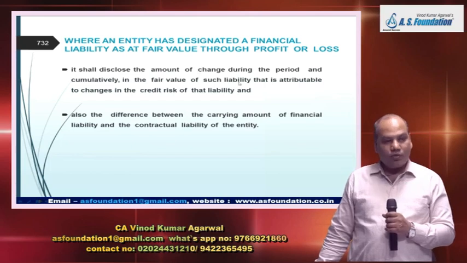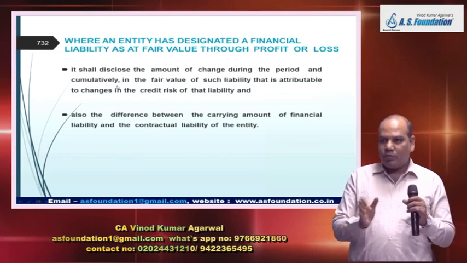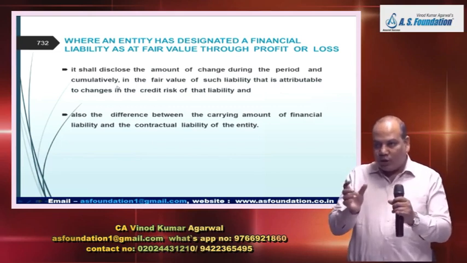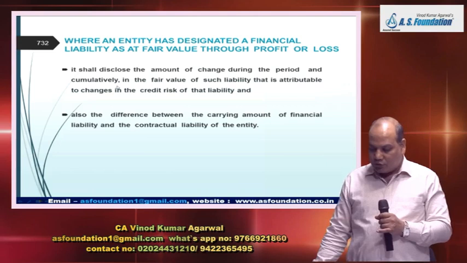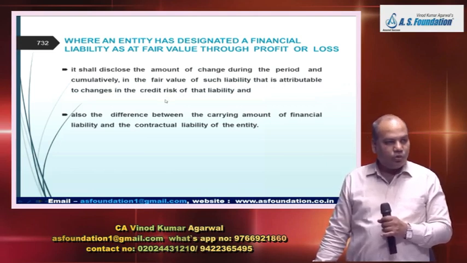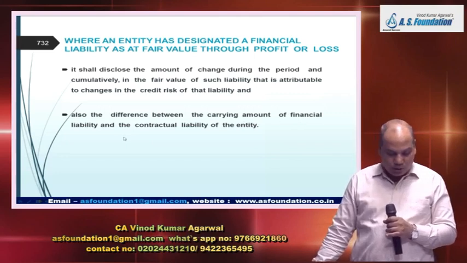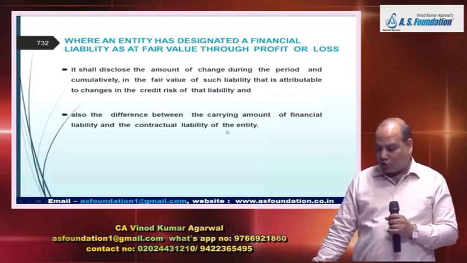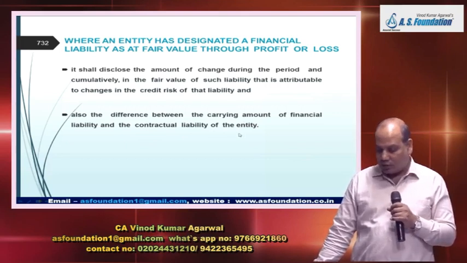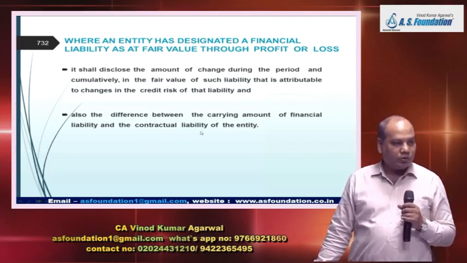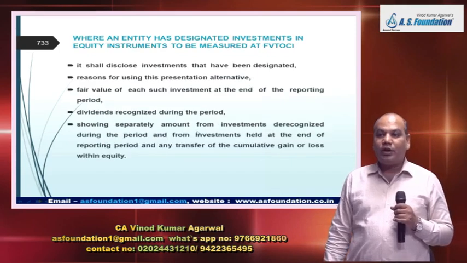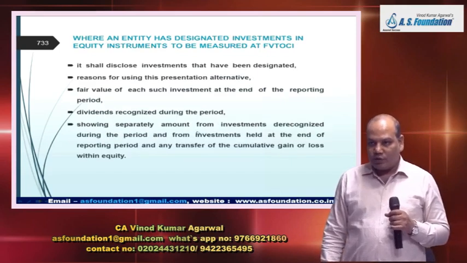It shall disclose the amount of change during the period and cumulative change from the beginning till today, for the fair value of such liability which is attributable to change in credit risk, and also the difference between the carrying amount of the financial liability and the contractual amount the entity is obliged to pay. This you have to disclose. How much change is due to change in credit risk? Fair value has changed.